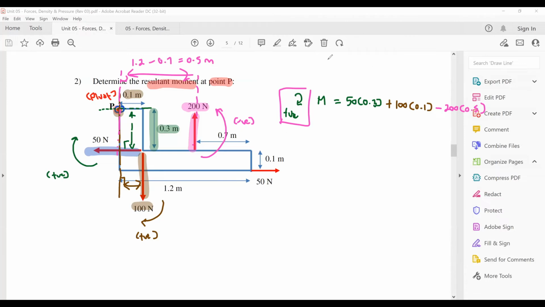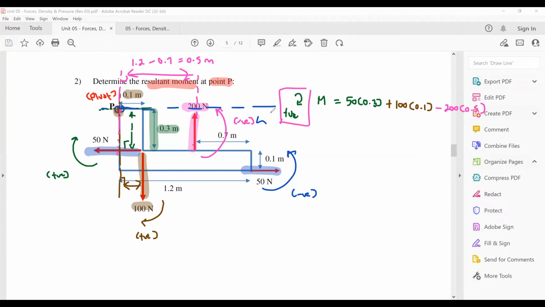Then we move on to the last force, which is 50 Newton. The rotation caused by this force about point P is going to be counterclockwise, opposite to your sign convention, so it's negative. Again, where is your perpendicular distance? Draw a parallel line passing through the pivot. Maybe I shouldn't have overlapped.